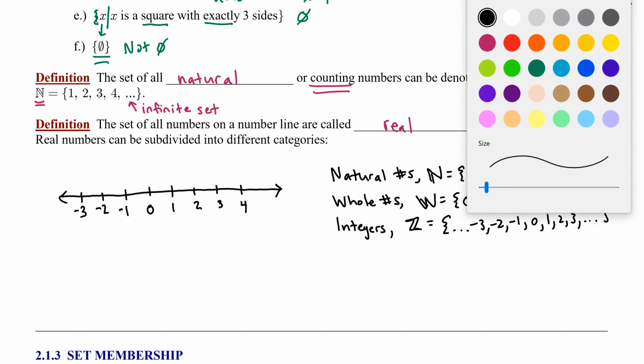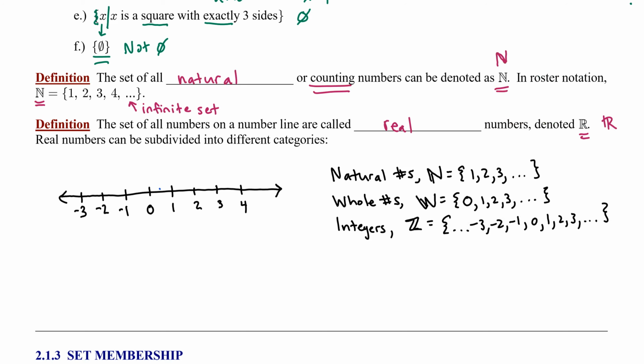Now, if we look in between those integers, for example, at the number 1/2, we end up with a set of rational numbers. Rational numbers have a symbol which looks like a Q with a double bar at the left. Remember, Q for quotient.